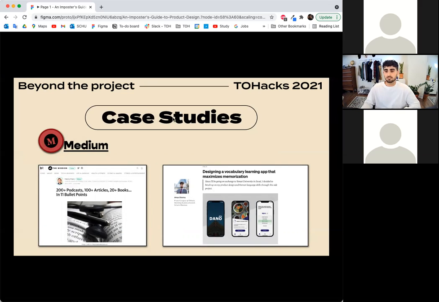And I think this is the single most important thing when it comes to employability. So that could be a whole other workshop in itself, but case studies are really important, and I would highly recommend going through Medium, maybe even just reading other people's case studies to get an idea of what it is you want to display.